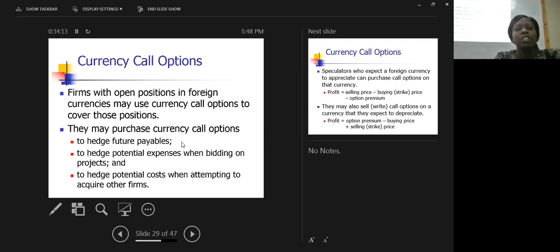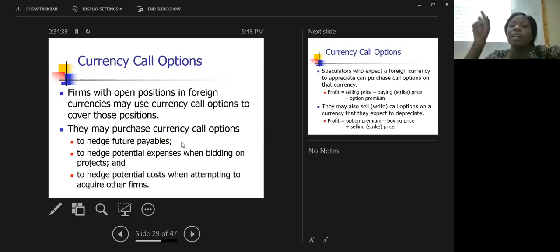Firms with open positions in foreign currencies may use currency call and put options. So they're saying you could use the currency call to hedge. If you have to make a payable in a foreign currency, the risk is that the foreign currency appreciates.